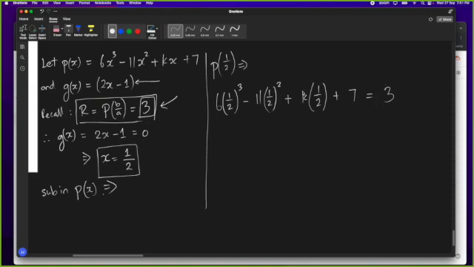You see that k is the only unknown here, so we could find k, right? So this will be 6 multiplied by, 2 2s are 4, 2 4s are 8. So that is 1 over 8, minus 11 multiplied by, 2 2s are 4, 1 over 4, plus, let's call that k over 2, plus 7 equals 3.